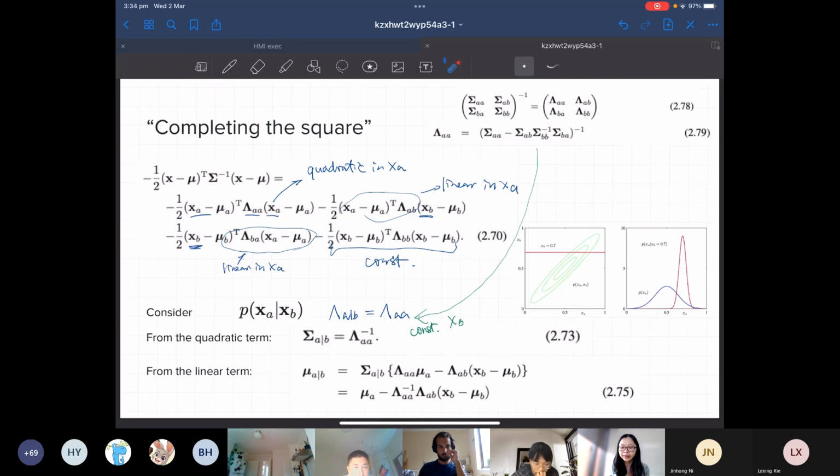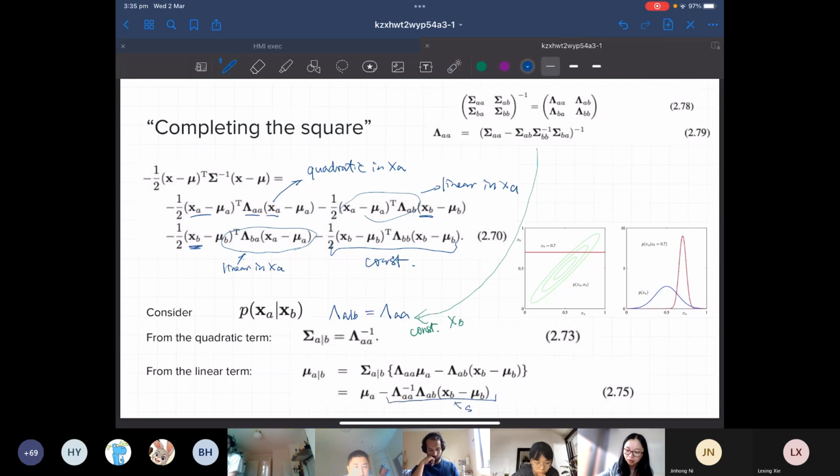I won't try and derive the first line. Let's just try to get some intuition of the second line, 2.75. We start from mu of a, but basically the conditional mean is the combination of the prior mean, or the unconditional mean mu of a, plus this part.